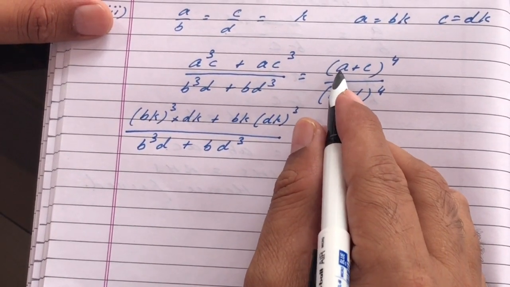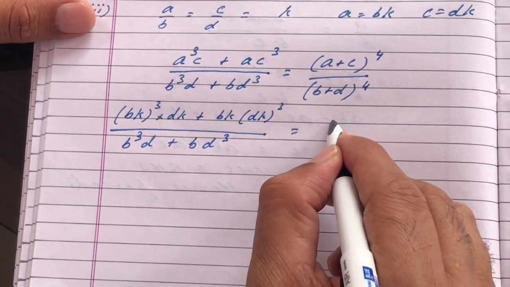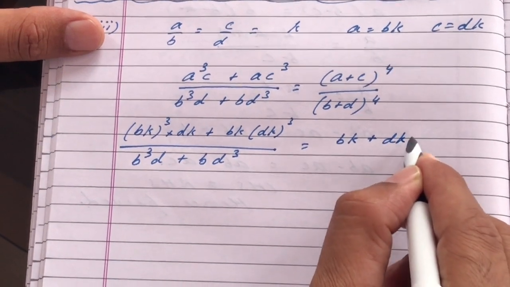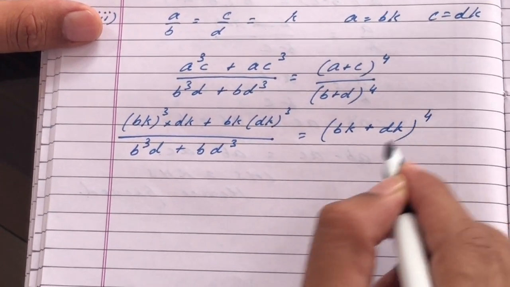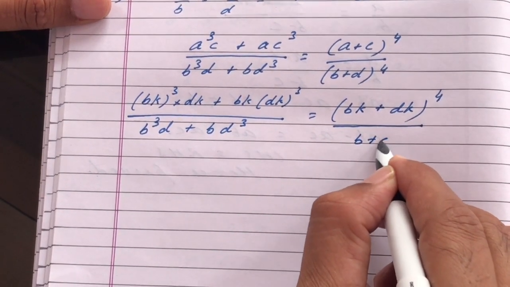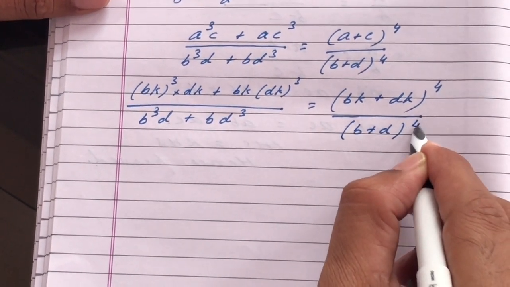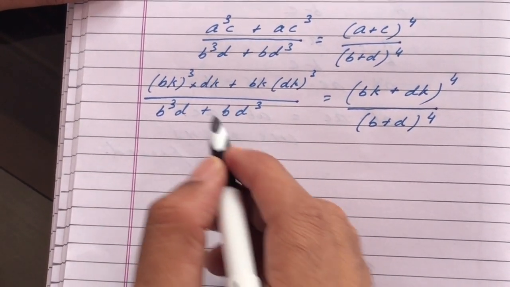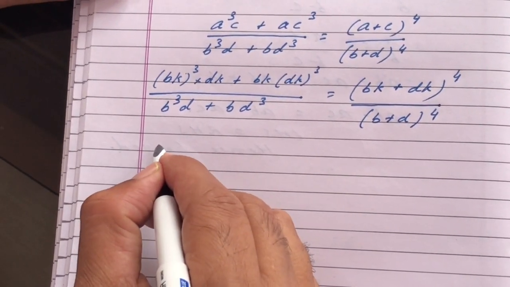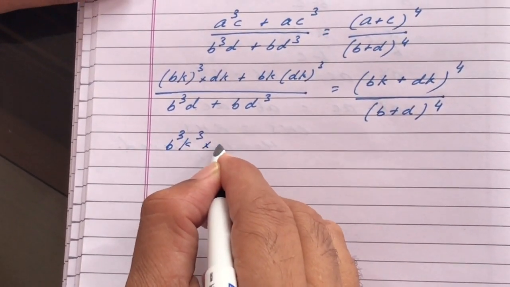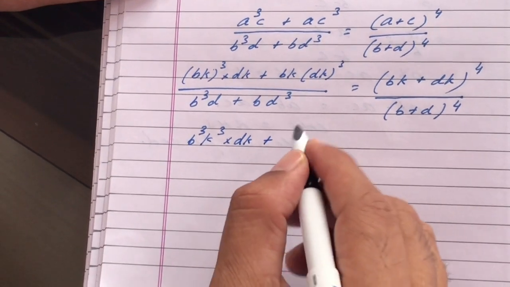In place of A it is BK, in place of C it is DK, whole raised to power 4 upon B plus D raised to power 4. So B cube K cube into DK, one step I write more so that you can understand well.